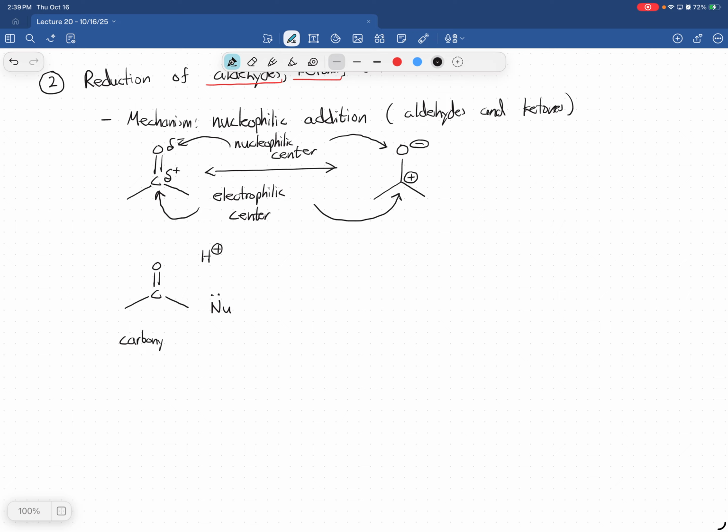At the carbon. Why the carbon? Well, the nucleophile has what attached to it? A lone pair. Those are electrons, right? So would it be attracted to a positive charge or negative charge? Positive charge. And that's where the carbon is, right? So that's what we're going to do.